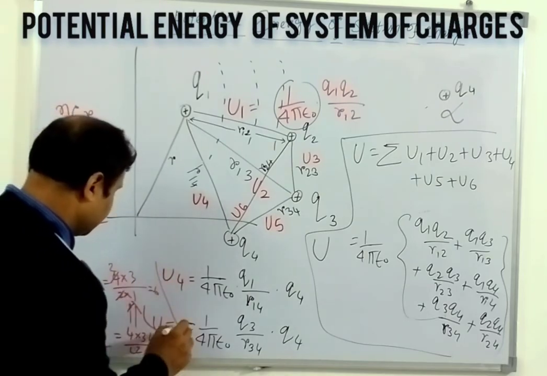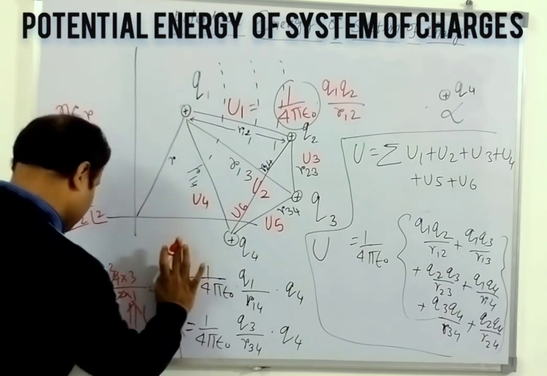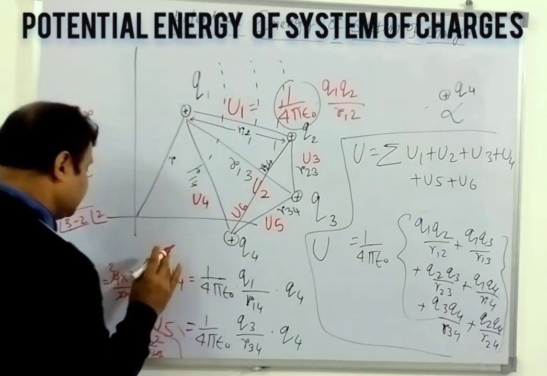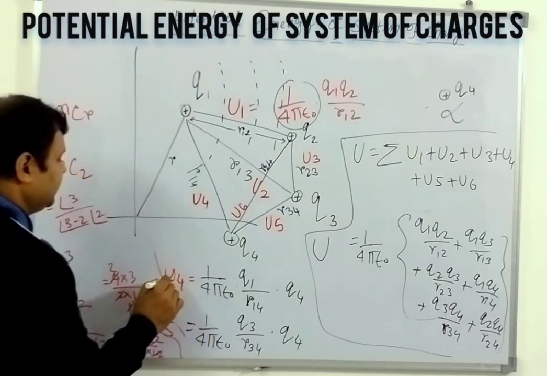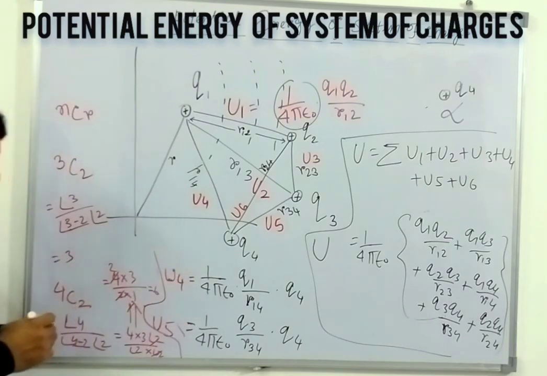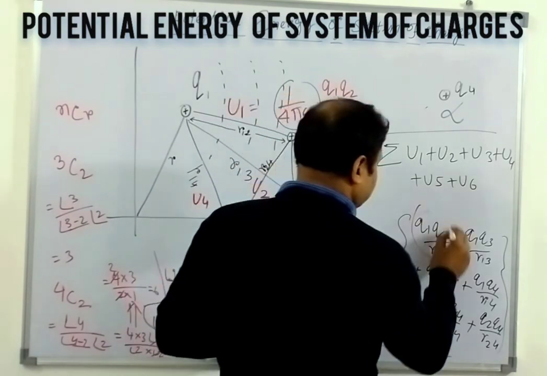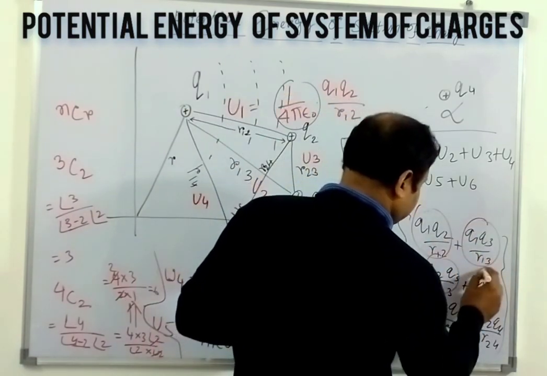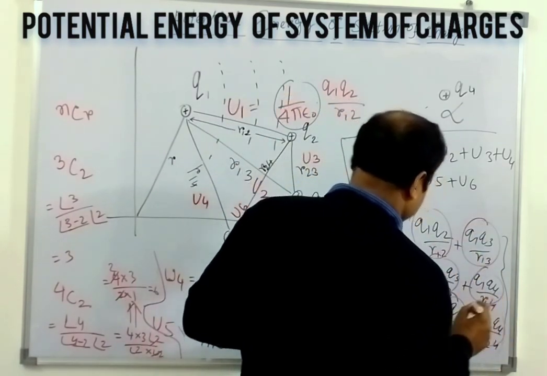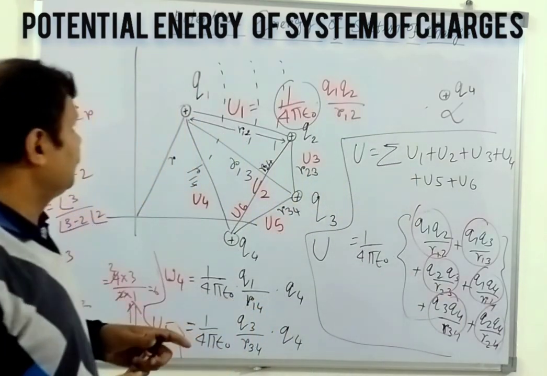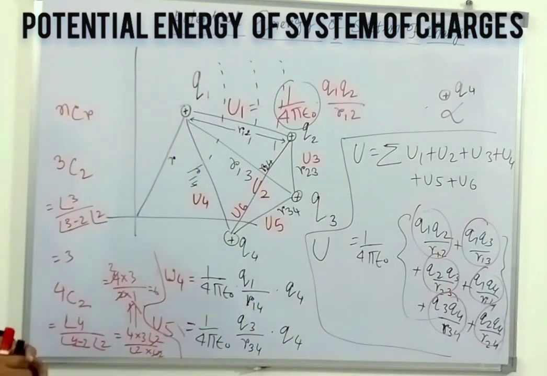So 6 possible combinations will come as interactions of different potentials: 1, 2, 3, 4, 5, 6. So this is the potential energy of a system of charges.